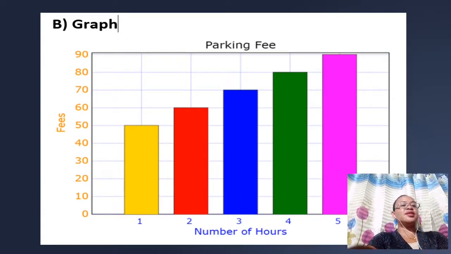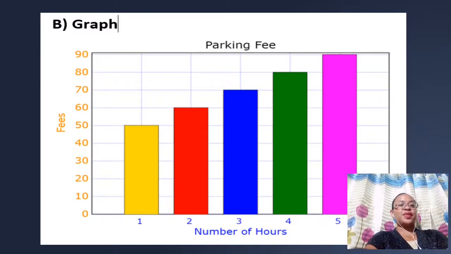So you can see that the blue bar reaches the 70 in the y-axis. So we have the green bar now. How much do we pay for 4 hours of parking? For the first hour, we pay 50 pesos. And so 3 hours are in excess. So 3 times 10, that is 30. And that's what we are going to add to 50.